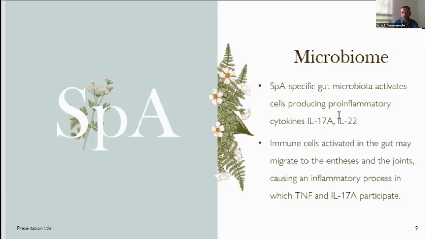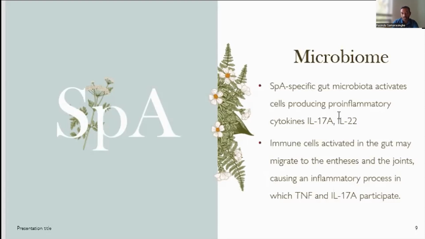The microbiome of the gut, when immune cells are exposed, produces pro-inflammatory cytokines like IL-17 and IL-22. These immune cells get activated in the gut and migrate to the enthesis, the joints, and the spine, and they start the inflammatory process where mainly TNF and IL-17 are involved.